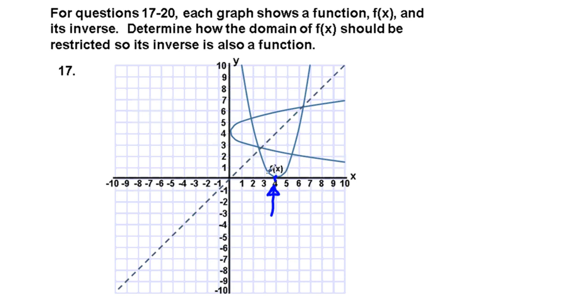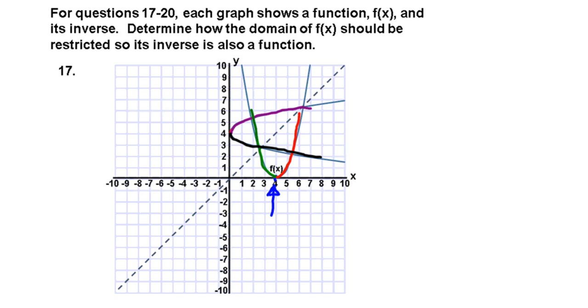Taken together, this f of x would fail the horizontal line test. But if we restrict the domain to greater than or equal to 4, then we would have a function as its inverse, the red and the purple. And also if we made x less than or equal to 4, we would also have an inverse that is a function.